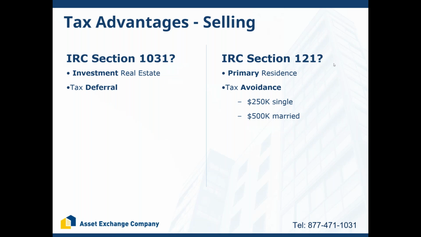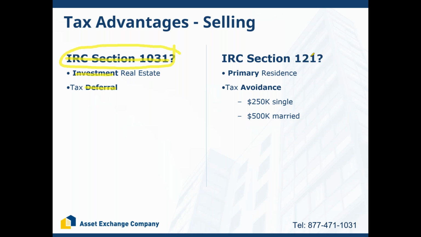Now, there are two tax laws that everybody on this call should be very familiar with. The first one is what we're going to talk about for the total time today, which is Section 1031 of the Internal Revenue Code, which everybody should know if you're paying attention so far. This tax law allows you to defer taxes on the sale of your investment property.